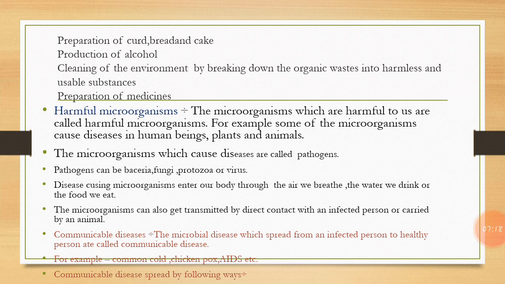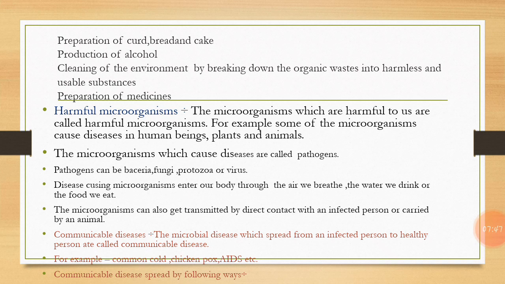These microorganisms can also be transmitted by direct contact with an infected person, or they are carried by animals. So let us know more about harmful microorganisms. The microorganisms that are responsible for causing disease in plants, animals and human beings are known as pathogens.